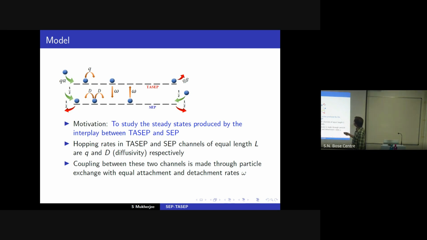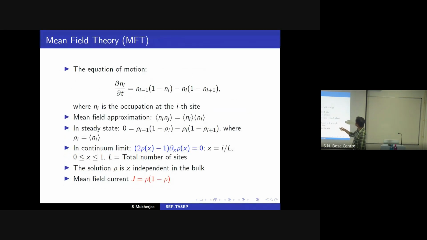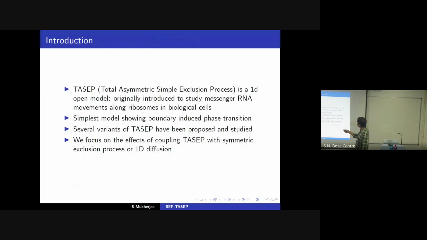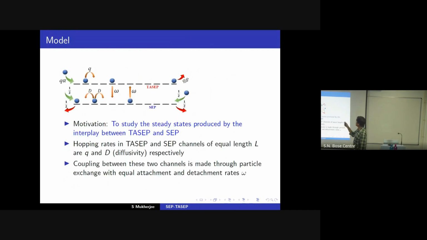These two are actually completely different, because at the boundaries, not in the bulk, you have alpha and beta as well as omega. One thing is that if you consider omega, there is a subject of exclusion.